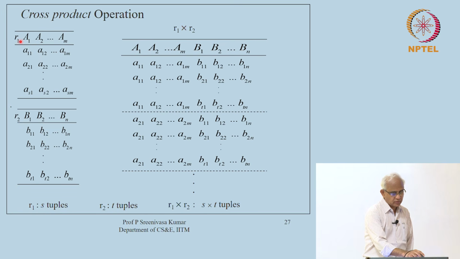R1 is a relation on the schema A1 through AM, and it has a certain S number of tuples. So, I have written A11, A12, up to A1M. The first tuple has the first subscript as 1, the second tuple has the first subscript as 2, and then the remaining ones as 1, 2, 3 up to M, and the last tuple is AS1, AS2 and so on.